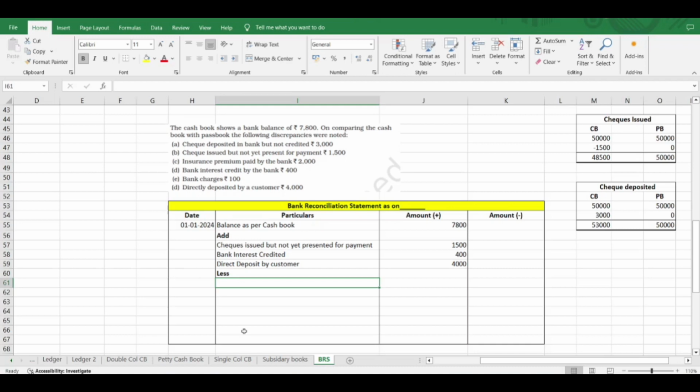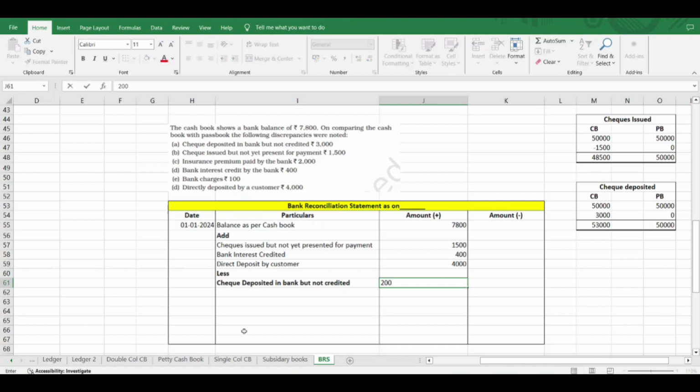That was our check deposited but not credited, rupees 3,000.